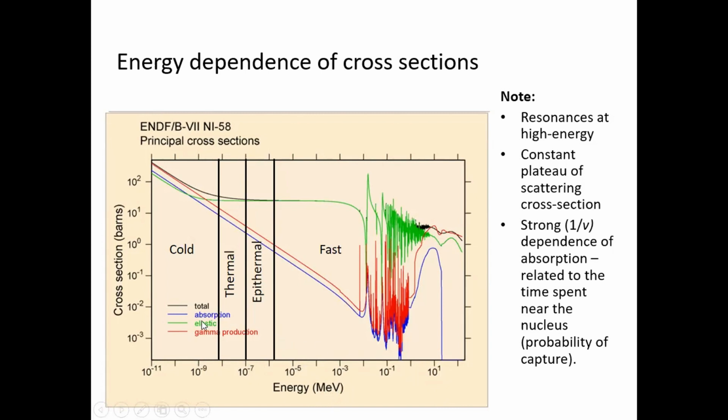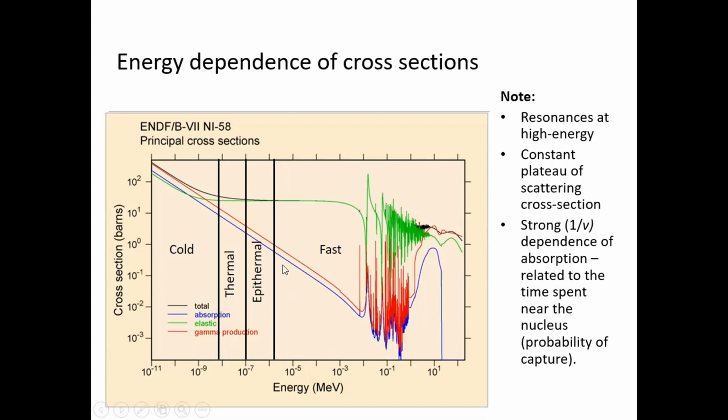The regions are called the cold region for the neutrons. The neutrons in these energy ranges are called cold neutrons. The neutrons in the energy range of 0.1 electron volt and less are called thermal neutrons. And the epithermal neutrons are those lying within the 0.1 to 1 electron volt energy range.